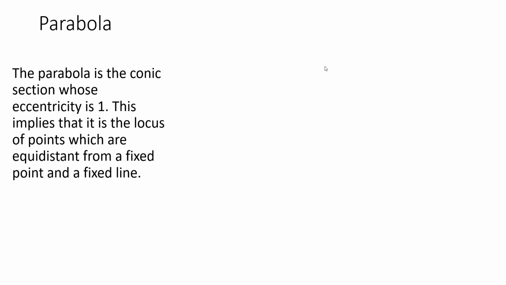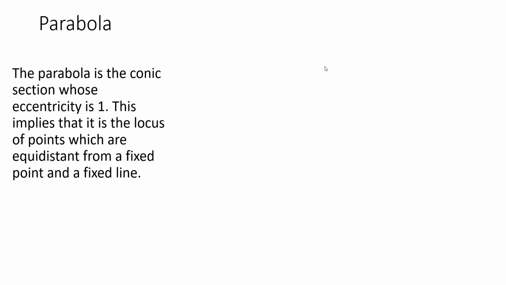If you can still remember, parabola was introduced to you when you were in grade 9. But the presentation of the parabola in grade 9 would be somewhat different from what we are going to discuss here. But they have the same concept.